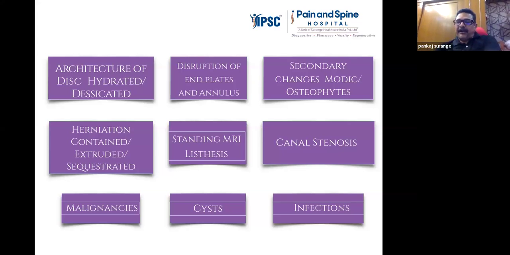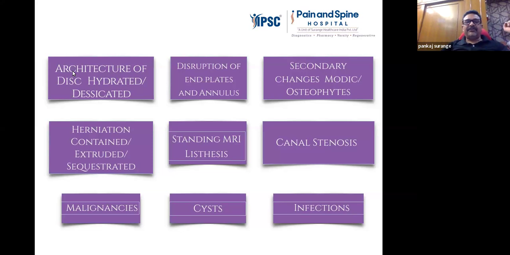So why is MRI important? MRI is not only to make a diagnosis, but also to decide what type of intervention we want to do, what type of intervention is going to benefit the patient. For that also, we must know what the pathologies on MRI are.